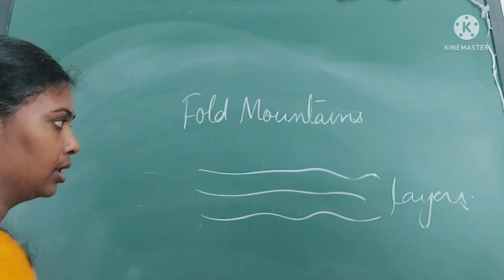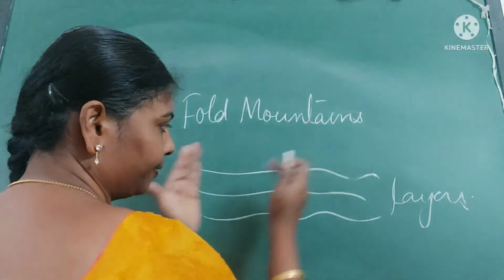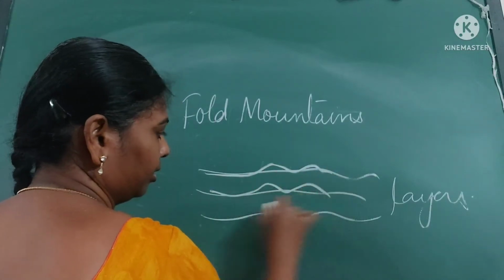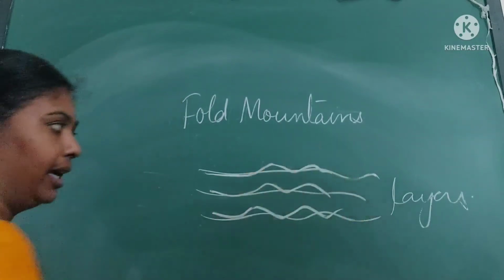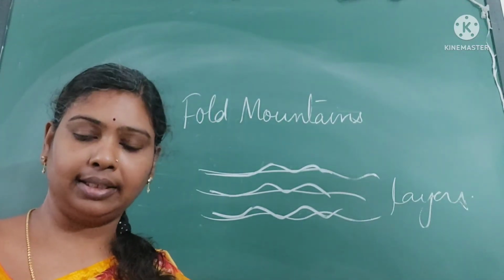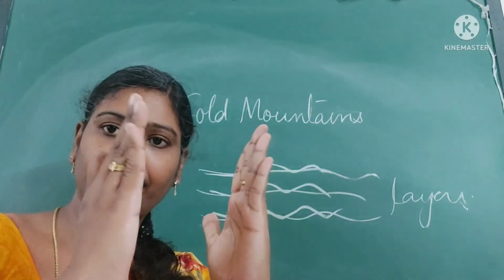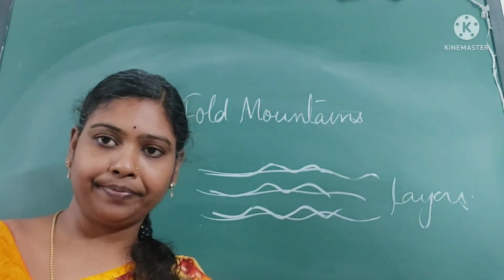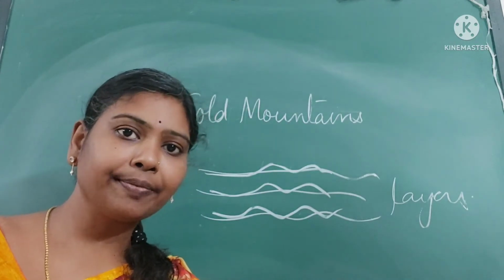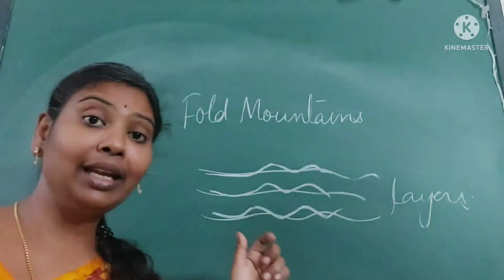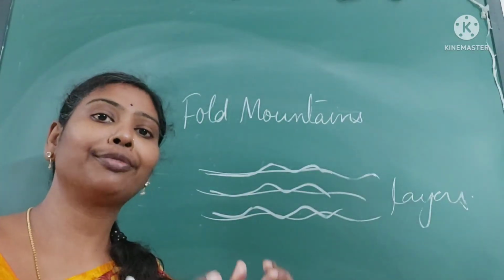Layers of rocks, when they get compressed, get folded like this. See, when we fold a paper, don't we get folds? Right? That is how even rock strata get folded when they undergo a lot of pressure.